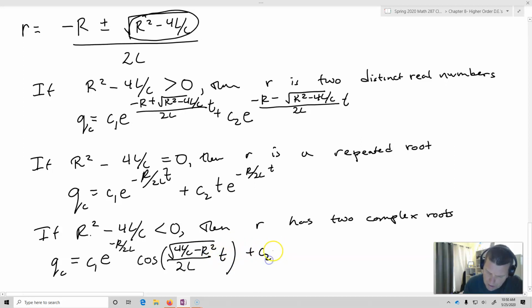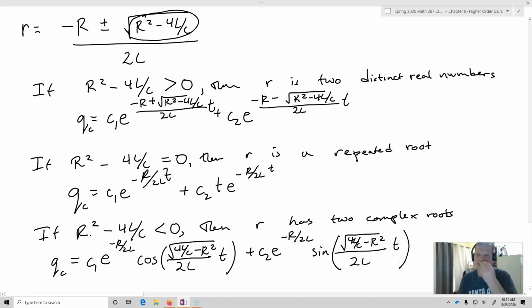Plus C2 e to the negative r over 2L times sine of the square root of 4L over C minus r squared, all over 2L, t.